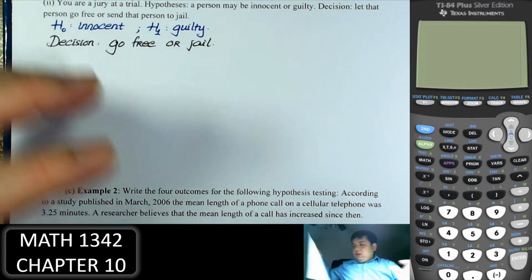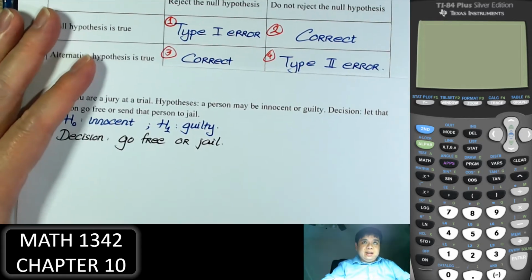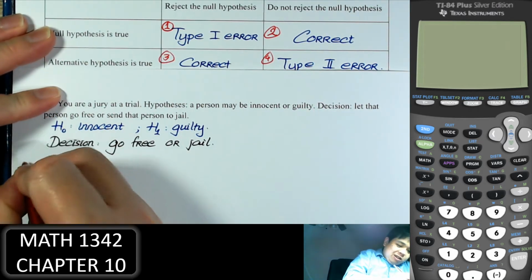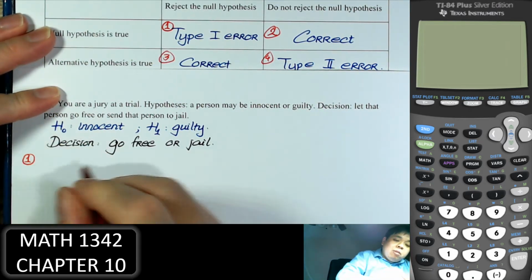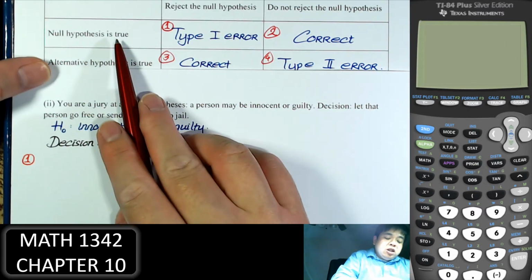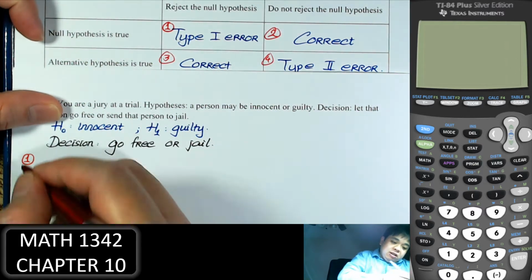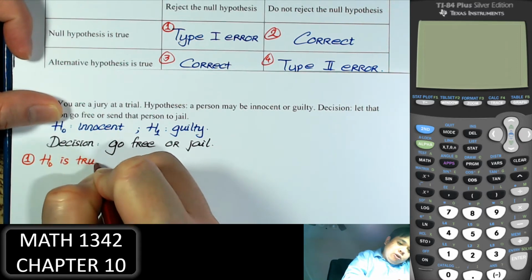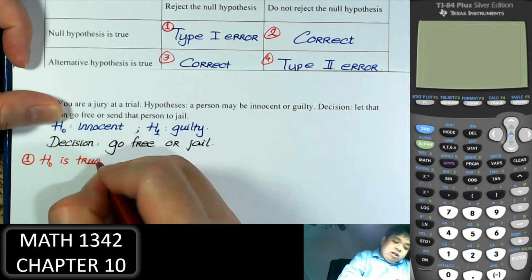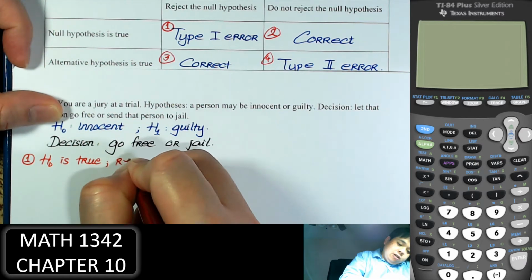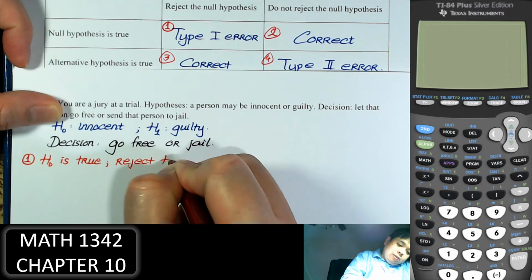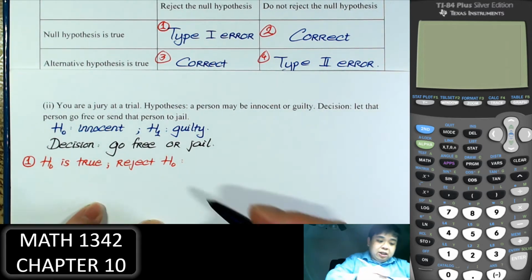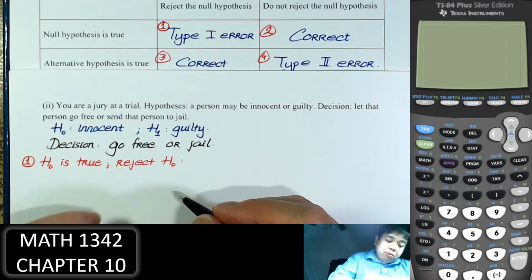Let's look at the 4 outcomes. Right, case number 1 is type 1 error, where the null hypothesis is true. That means the person is innocent. It is true, but we reject it. So in reality, H0 is true, meaning the person is innocent.